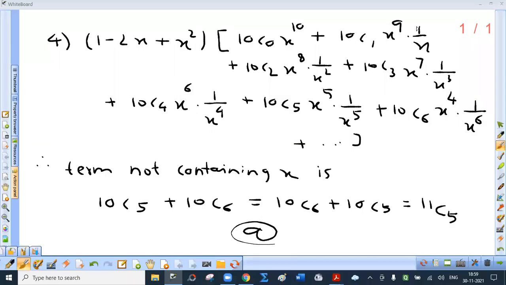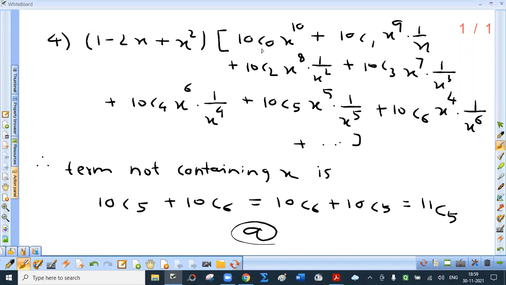Now fourth is a difficult one. The term not containing x in the expansion of, means the constant term, (1 − x)² into the 10th power of (x + 1/x). Now (1 − x)² is 1 − 2x + x². Now we need not write all the 11 terms.